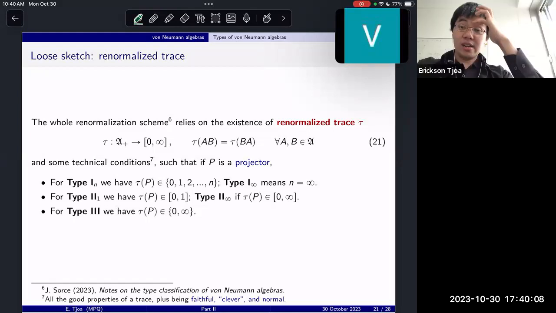Yeah, so this one is not clear from what I'm presenting today, but the classification of von Neumann algebras, von Neumann factors, in terms of type 1 to type 3 was originally done by classifying what kind of projection operators you have in your algebras.